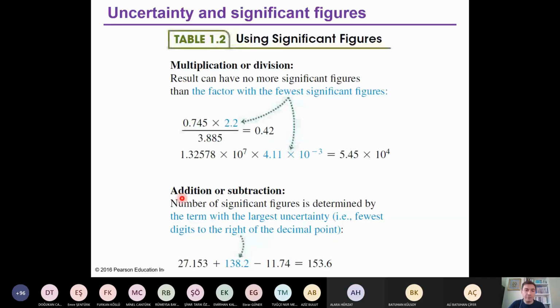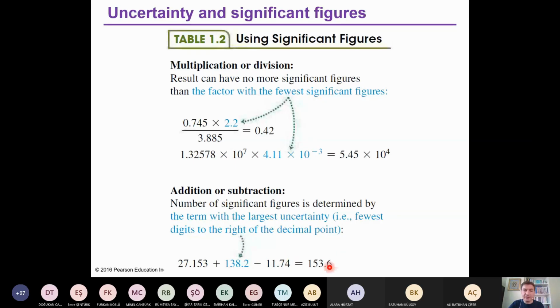Now let's continue with addition or subtraction. For example, here we have this number plus this number minus this number, and we will have a result. So look at this one. After the decimal point here, we have just a single digit, just 0.2. But here, after the decimal point, we have 3 digits. Here, 1 digit after the decimal point, and here 2 digits after the decimal point.